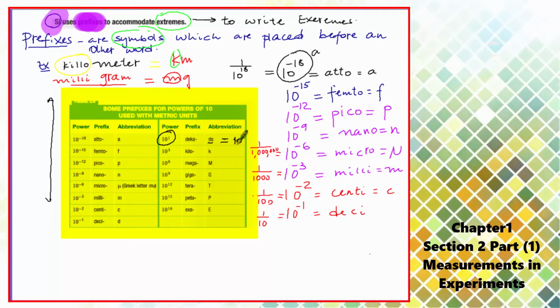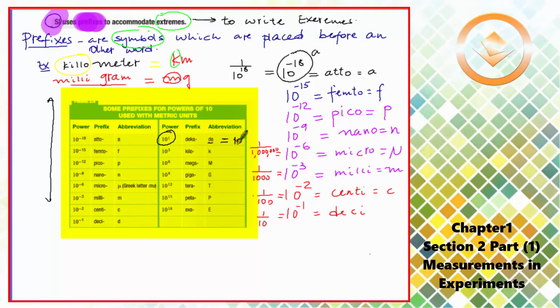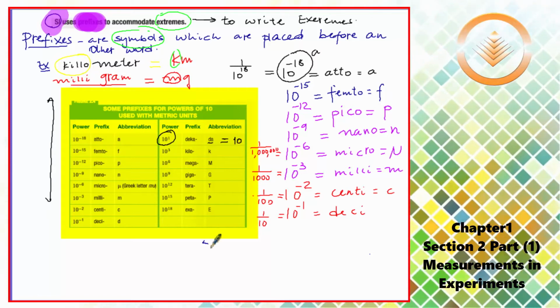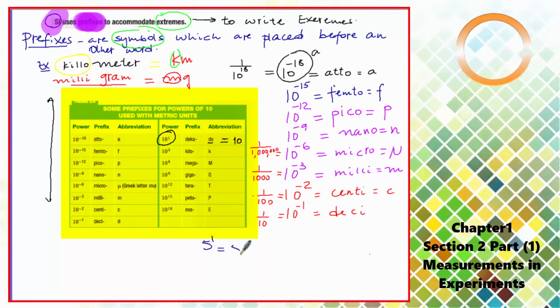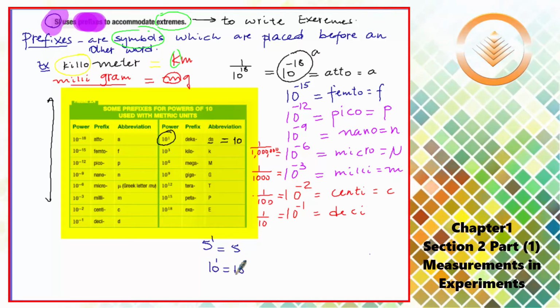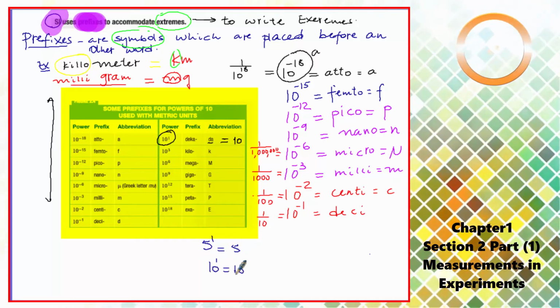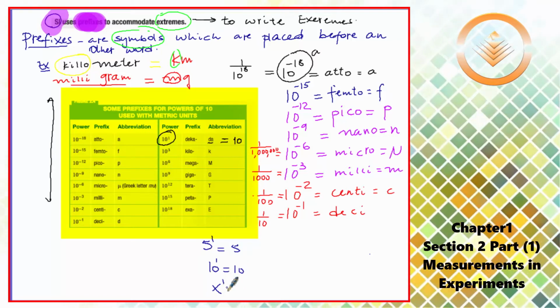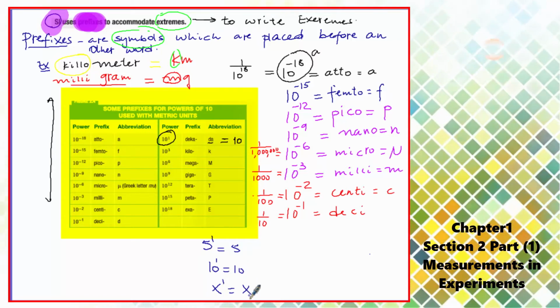Any number with exponent 1 is the number itself. Like if you have 5 to the power of 1, it means 5. If you have 10 to the power of 1, it means 10. If you have x to the power of 1, it is x itself.